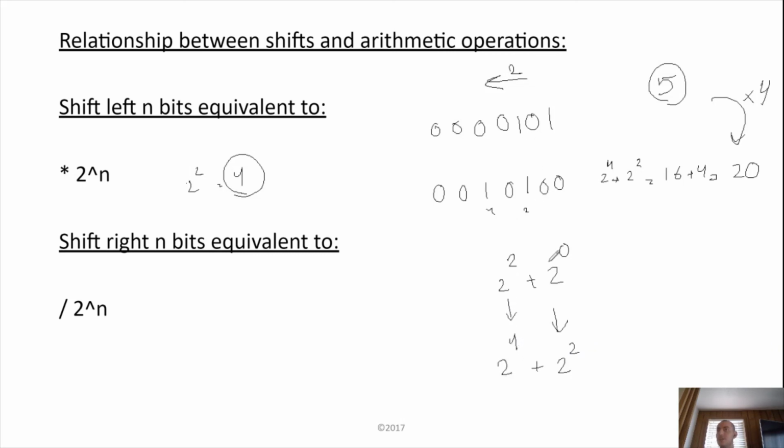So it's as if each of these is multiplied by 2 to the 2, and the exponents add. So basically, each time a bit moves, its value is being multiplied by 2. The same thing is valid if you are moving in the other direction: it's the division by 2 to the power of the number of bits that you are shifting.